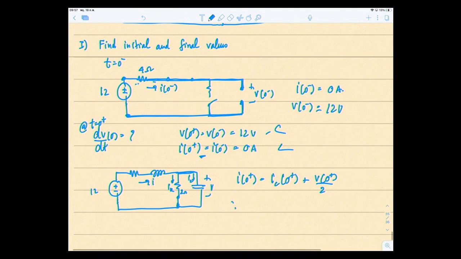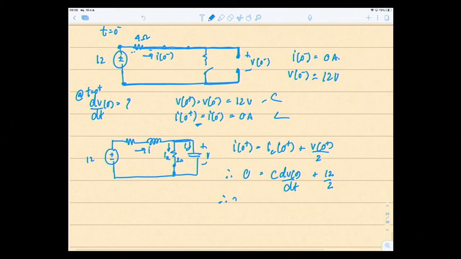So I at 0 plus is 0, which equals C dV(0)/dt, because we want to find dV/dt, and that term is in the formula of the relationship of the current across the capacitor and the voltage drop across the capacitor. Plus V at 0 plus, which is 12, over 2.